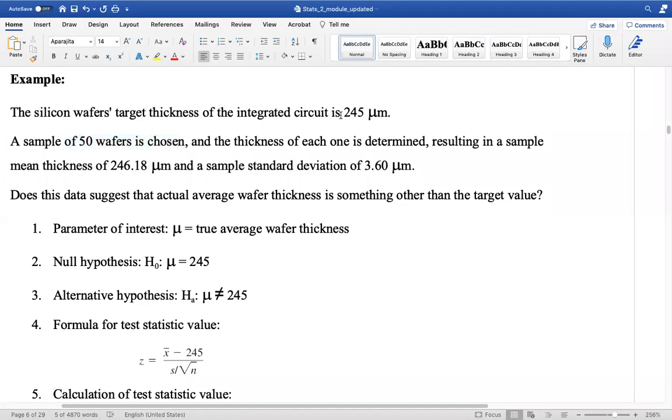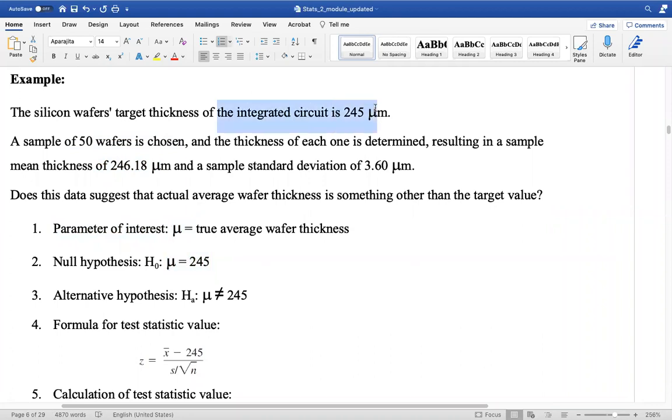Does this suggest that the actual average thickness is something more than the target value? So here this is your true average value, but this will be a little bit less, right? So it suggests that the actual average thickness is something other than the target value. Okay, so yes, this is the inequality. This is the parameter of interest. Here the mean is your population mean.